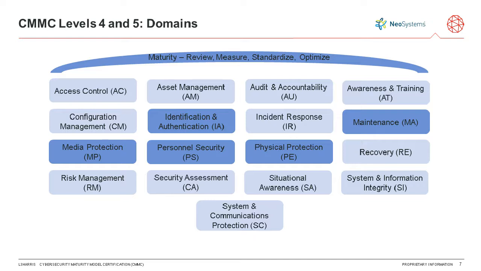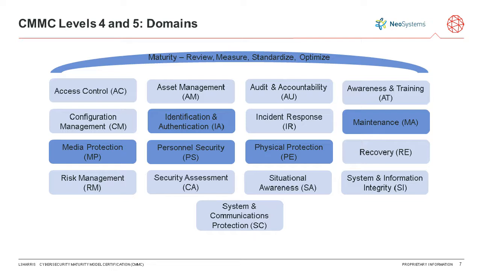From a high level, again, out of all these 17 domains and then the overarching maturity process, what I've done here is highlighted in blue, in addition to the level 3 items, what you'll see in dark blue. So we've added some things for IA, MA, PE, PS, and MP, and those domains, which we'll talk about individually, as well as additional maturity requirements.